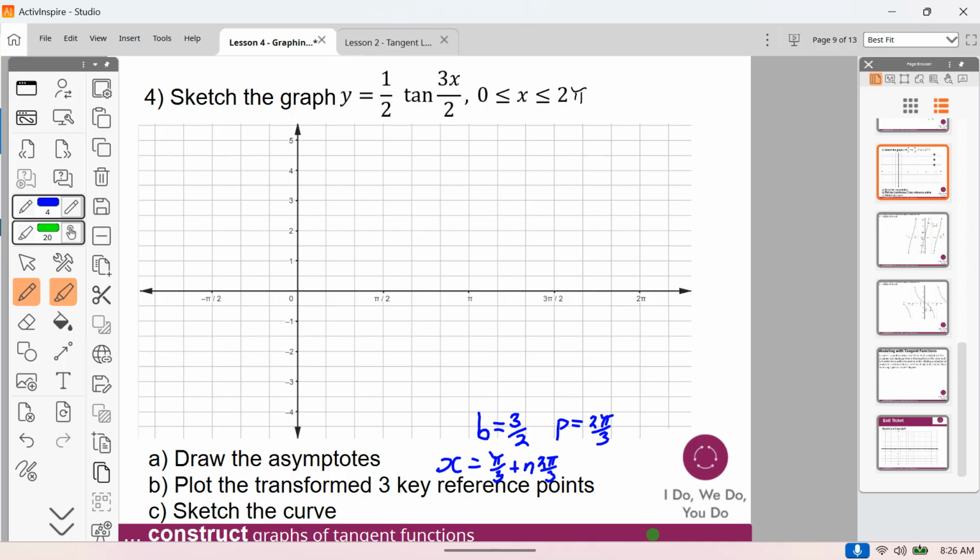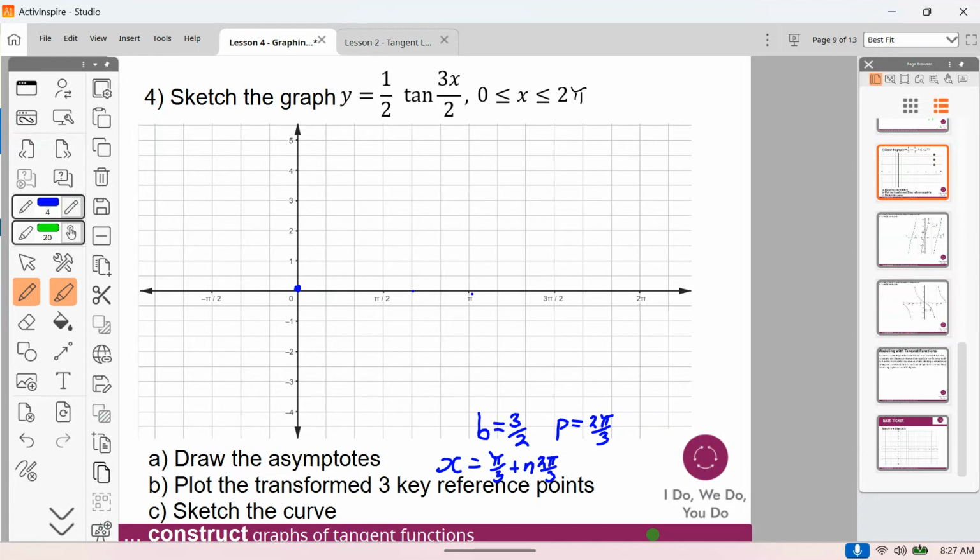We have no horizontal shift, and we have no vertical shift, so it's going through here. The asymptotes are going to be at pi over 3. So let's work out the scale. We have 1, 2, 3, 4, 5, 6. We have 6 scale marks before we get to pi, so the scale is pi over 6.